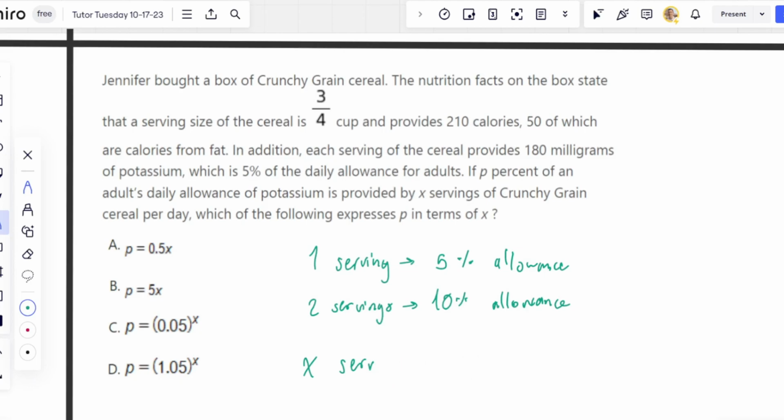Or let's write it this way. This way might be better. If we want to get P, or yeah, let's do X servings. Because then we can represent this as a slope times the allowance. So the slope is going to be 5 here, of course.